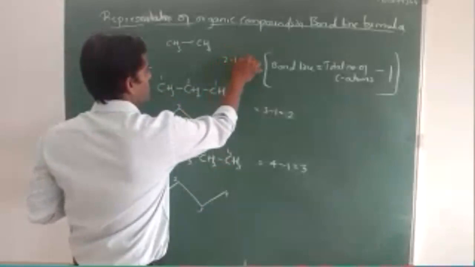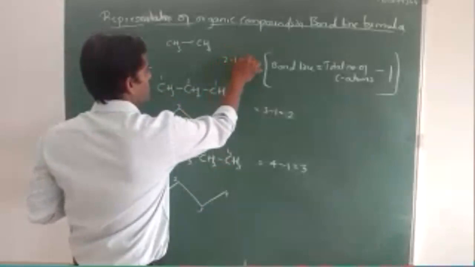In that straight chain, how many carbon atoms are there? Total 3 carbon atoms are there. According to the bond line formula, total number of carbon atoms in the straight chain is 3 minus 1, which is equal to 2.